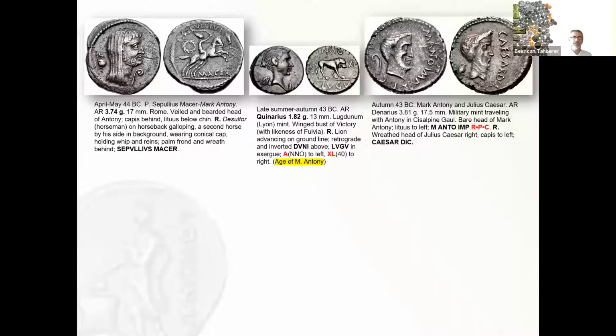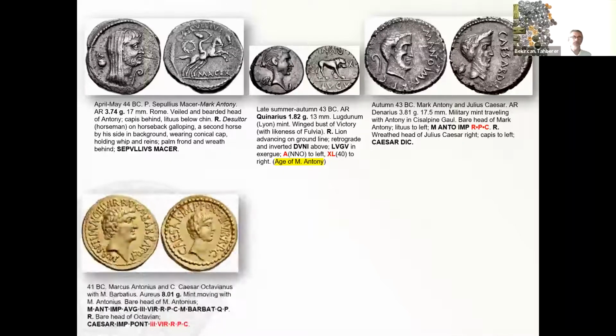And interestingly, some eagle-eyed numismatists believe that the A here stands for anno, and XL, the Roman numeral 40. So that was the age of Mark Antony. So he was simply imitating what his patron Julius Caesar did on his coinage.